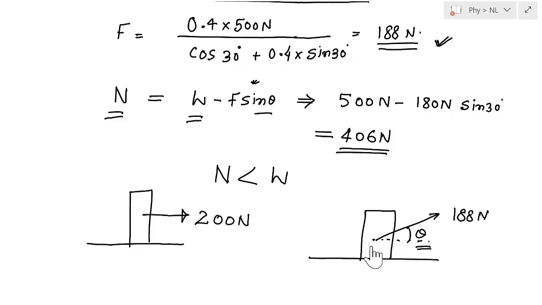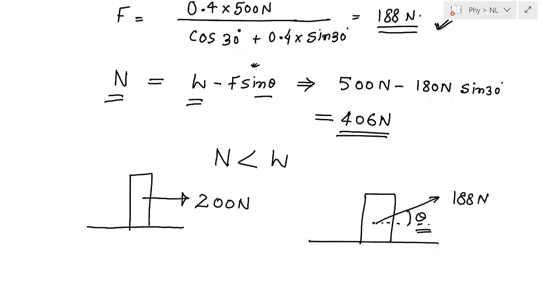So it is always a good idea to pull this crate by applying a force at some angle. This angle can be 30 degree or 40 degree or 60 degree. Basically, you can find a theta for which this force is minimum.